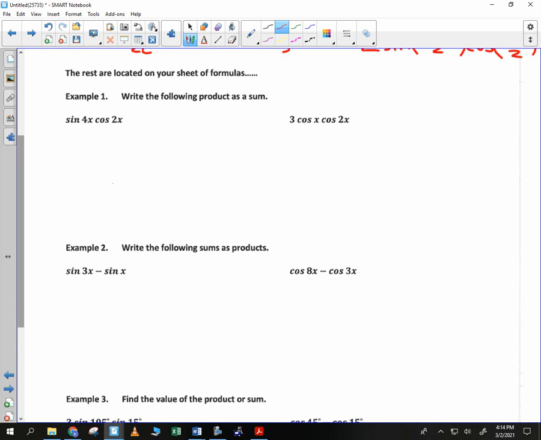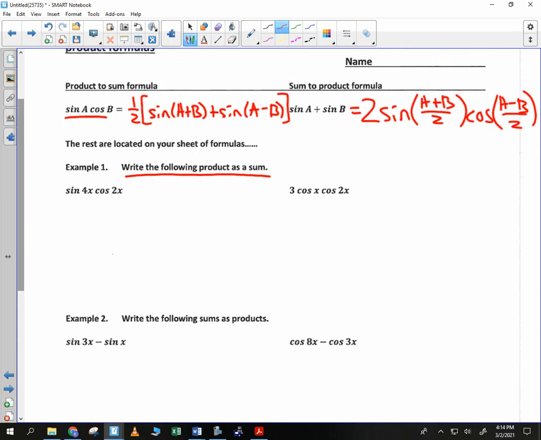It says, write the following product as a sum. So if we notice this, it's a product. I'm going to write it as a sum, and it's sine times cosine. So it matches right with that one. So I'm going to use the 1/2 times the sine of A plus B plus the sine of A minus B. And so in this case, A is 4x and B is 2x.